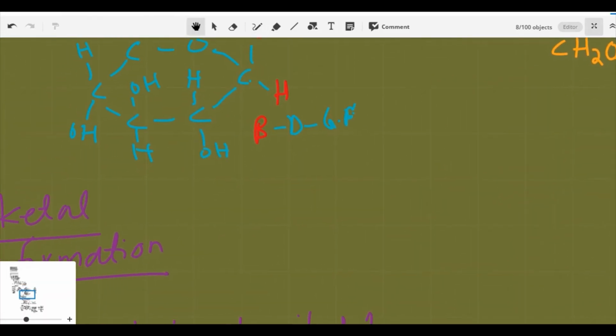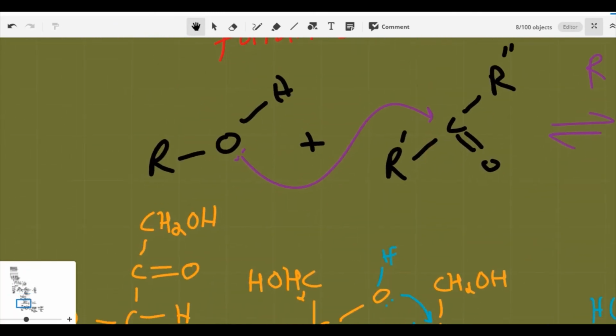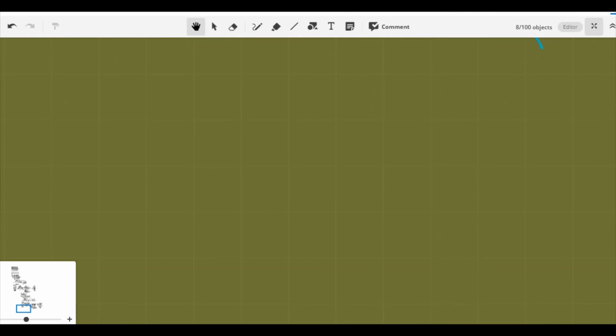Okay students, so now in most monosaccharides there are two or more hydroxyl groups that can react with aldehyde or ketone. I am going to show you.